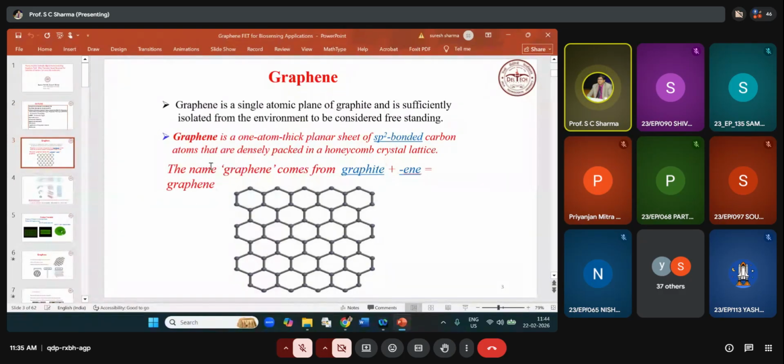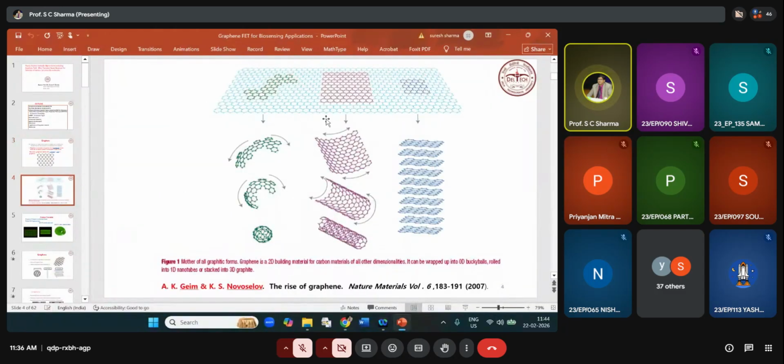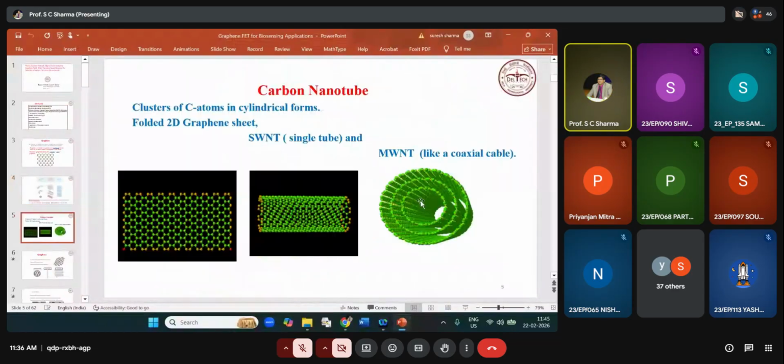So graphene is a nanostructure material, a single atomic plane of graphite, and is sufficiently isolated. I think I have already explained about graphene. You can wrap it up into zero-dimensional buckyballs, roll it up into one-dimensional carbon nanotubes, and stack it into three-dimensional graphite.